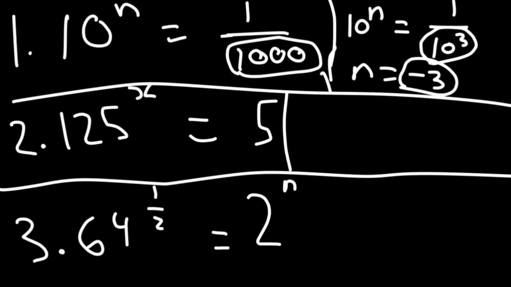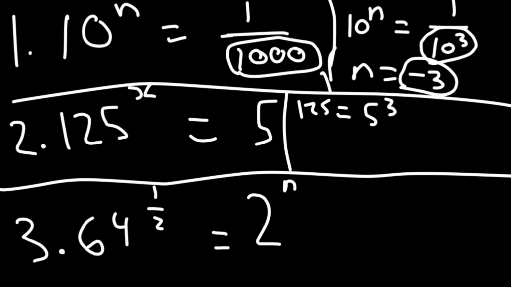So question number 2. I have 125 to the power of x is equal to 5. So all we need to do is make the bases the same. So how can I turn 125 into 5? Well, 125 is essentially just 5 to the power of 3, as 5 times 5 times 5 is 125.